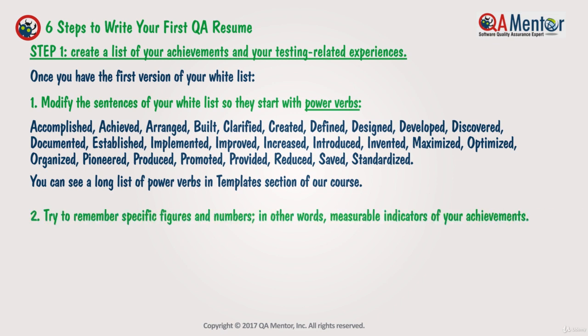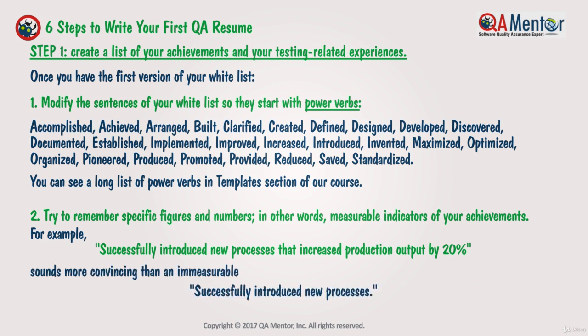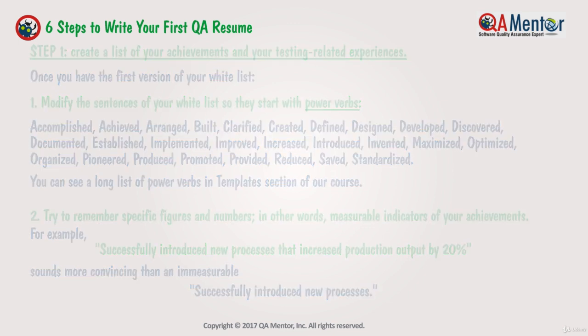2. Try to remember specific figures and numbers. In other words, measurable indicators of your achievements. For example, successfully introduced new processes that increase production output by 20%. Sounds more convincing than an immeasurable, successfully introduced new processes. Step 2.